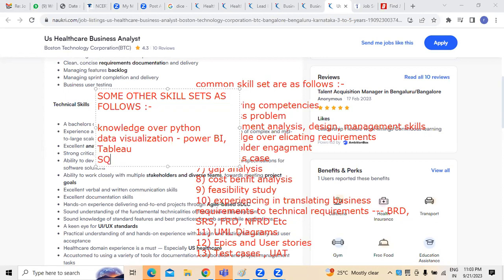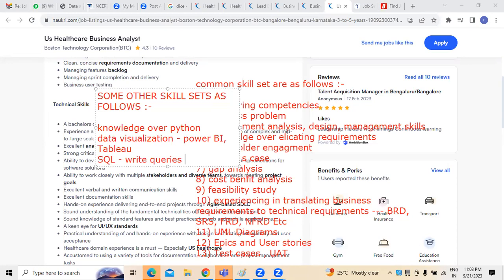Next, knowledge over SQL. Do you get my point? SQL we will be using to write queries: insert, update, edit, delete, etc. To write queries, SQL is required. Data visualization purpose, Power BI, Tableau. Knowledge over Python.